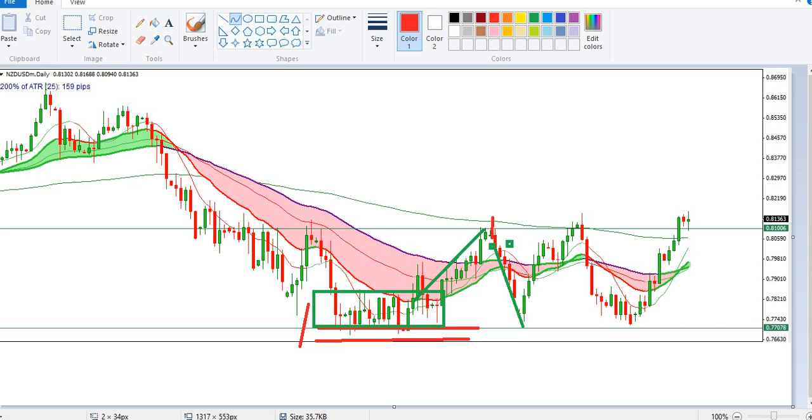At that point I knew I had the 200, I had resistance, all sitting here, going all the way across to here. So that trade here I could comfortably have taken. My risk was minimal. My risk was that. My reward was back down to support. Happy to take that trade.